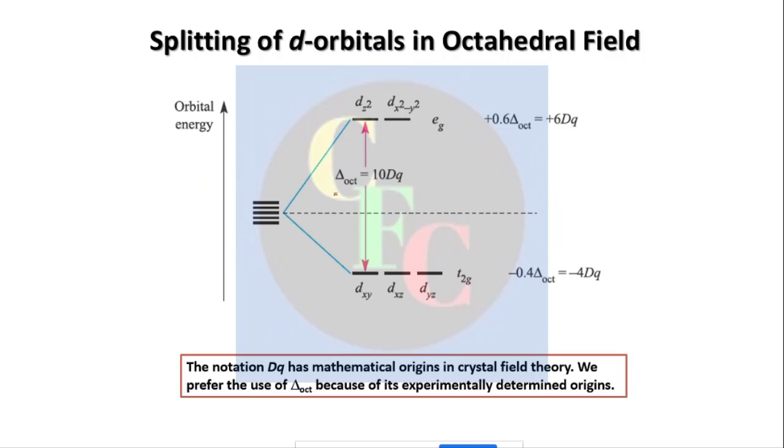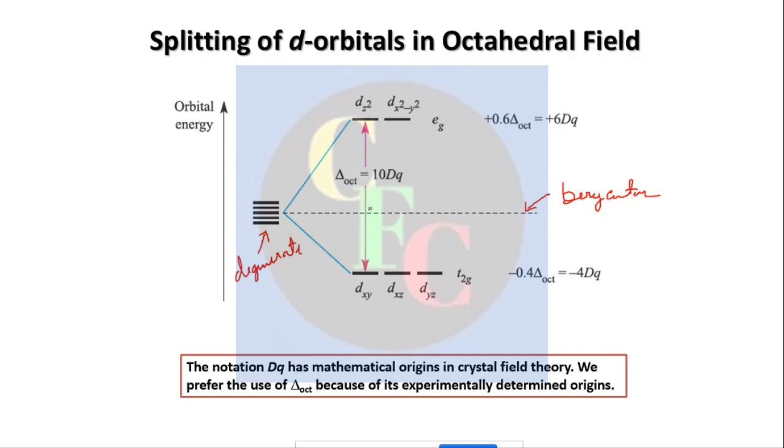Now we will consider only this part, because this is our concern. In the last figure we have seen that these 5 degenerate orbitals are split in energy. This is our barycenter.